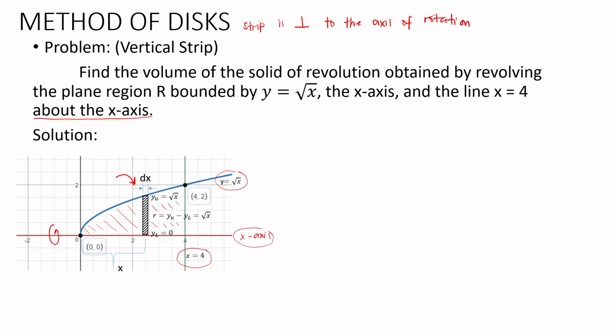So again, upon rotation, instead of rotating the whole figure, we can rotate just the vertical strip first. So again, it will create a disk. So pasensya sa drawing, kay lisod kay drawing sa kon.